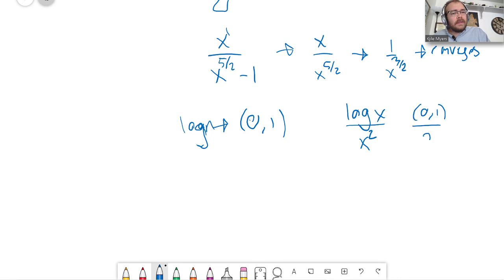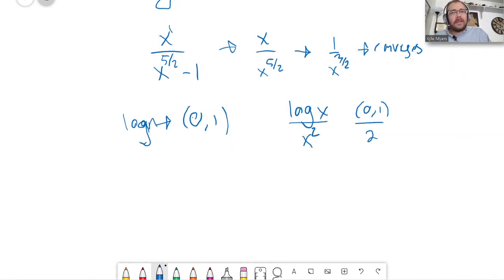And this one is a 2. So at most it would be almost 1, which means the bottom is still more than 1 bigger than the top. Just barely, so this would actually converge.